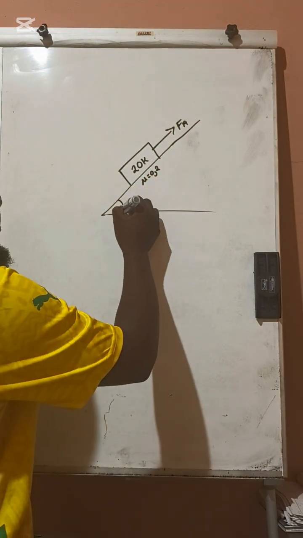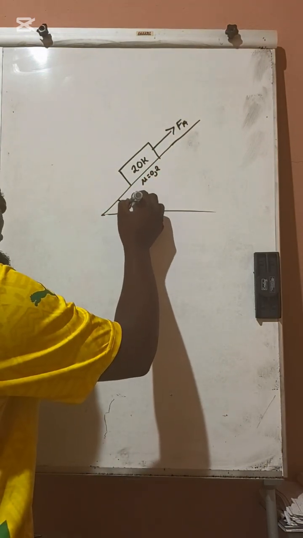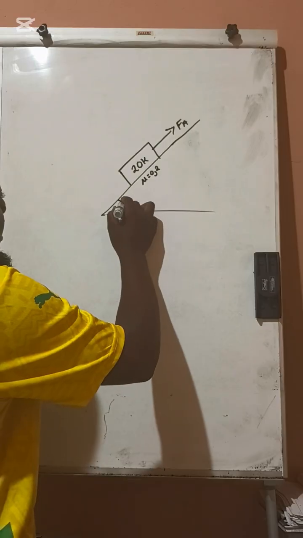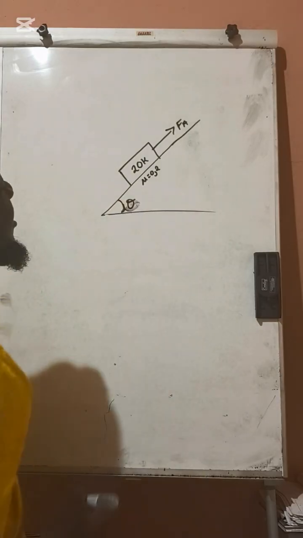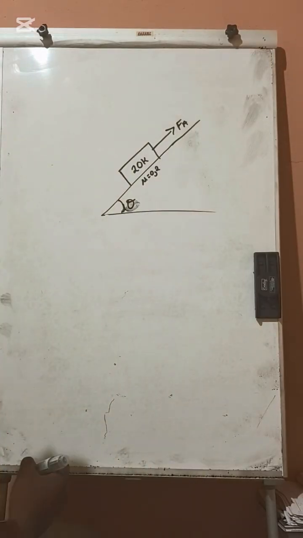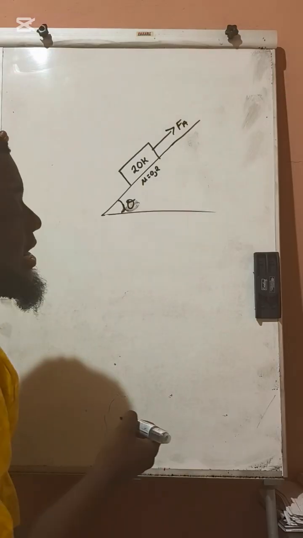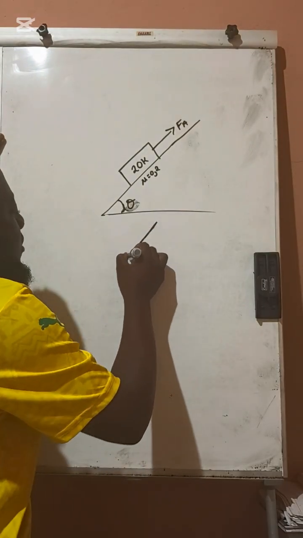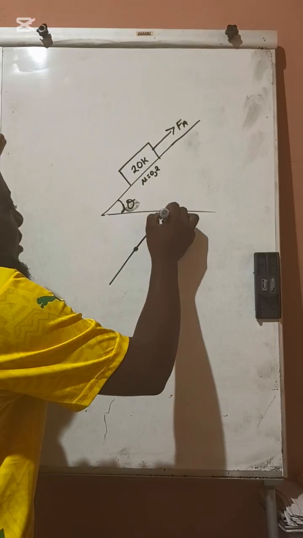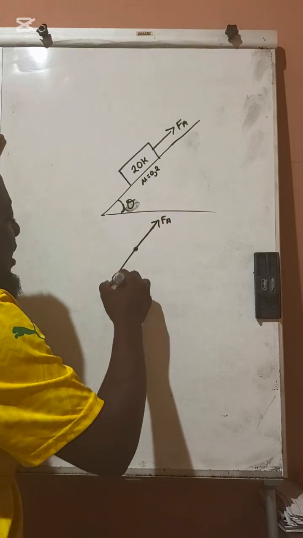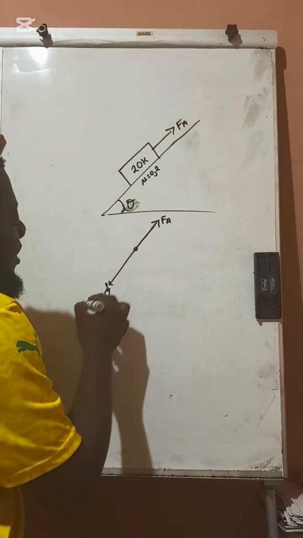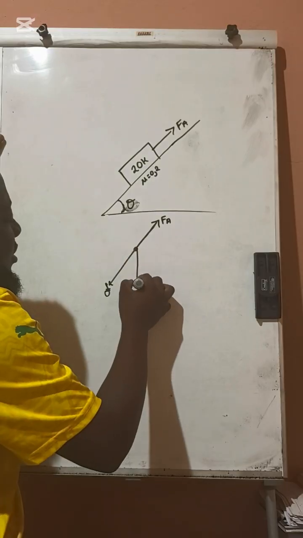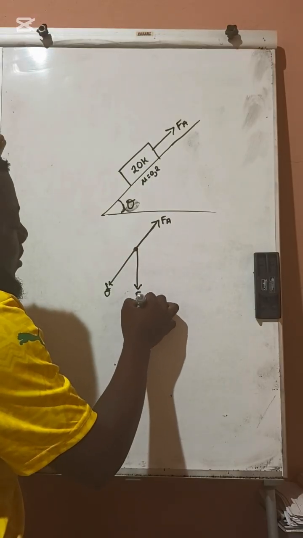Our angle here will be angle theta. Let's put a value, theta. So for our free body diagram, it's an incline, and we have the force applied here. If it's going upwards, friction is in the opposite direction. Fg is always what?